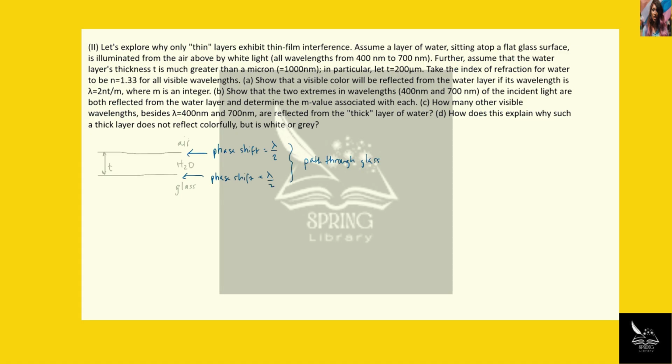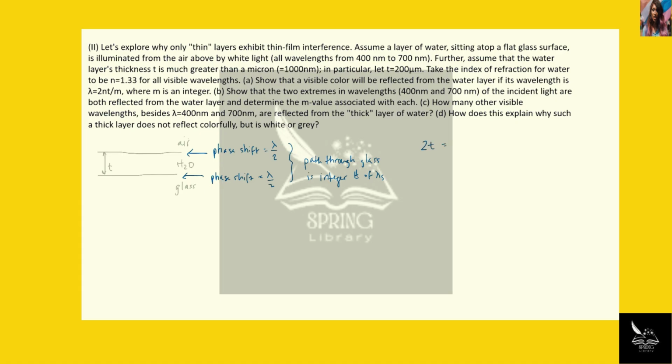The fact that we have both reflected rays getting a phase shift means the second one is going to emerge in phase, automatically constructively interfering with the one reflected from the top layer. So the path through glass is an integer number of wavelengths.